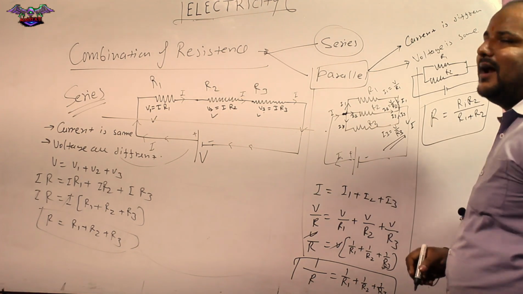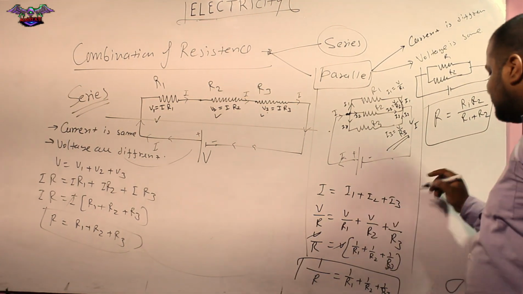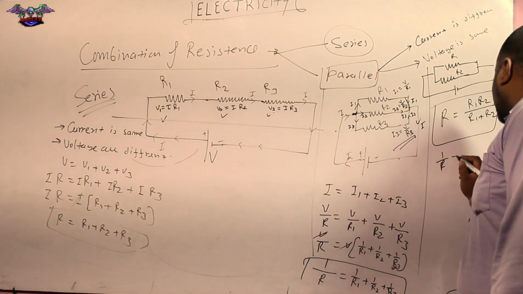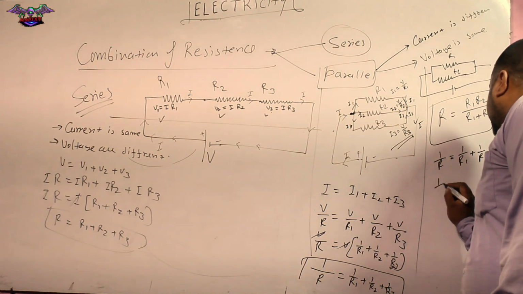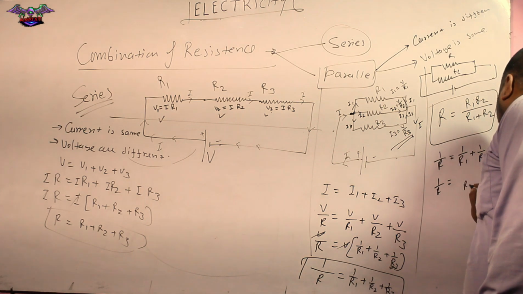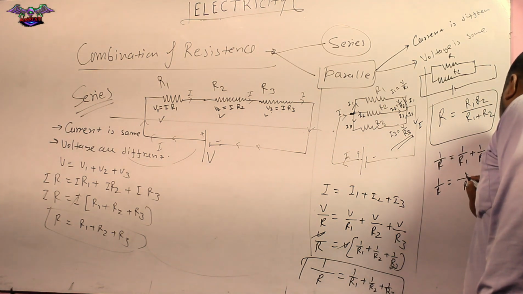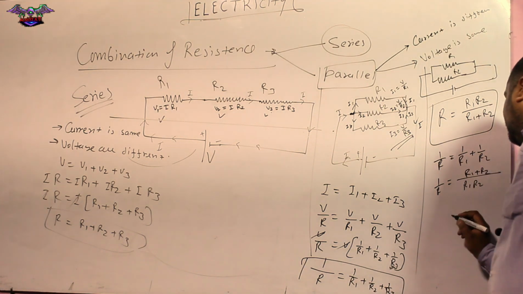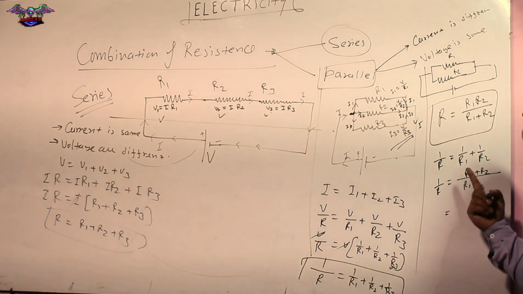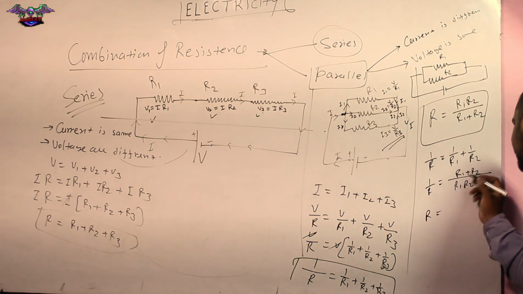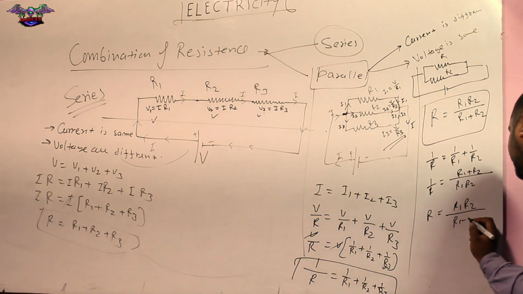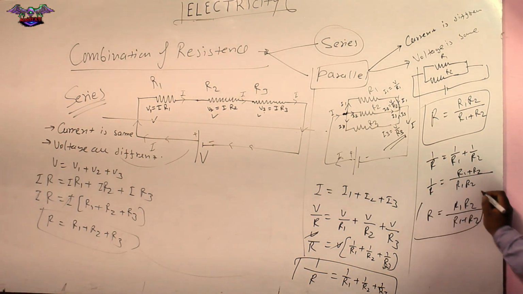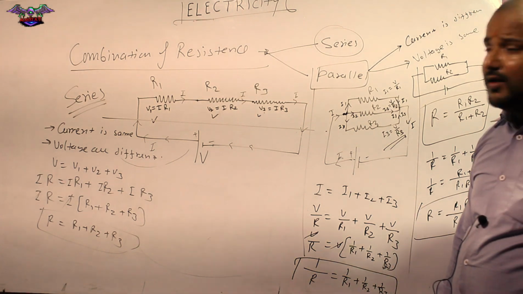You can use this formula directly. For example, 1 upon R equal to what? 1 upon R1 plus 1 upon R2. Take the LCM, R1 R2, so it will be R1 plus R2 upon R1 R2. Then if we invert this, R equal to R1 R2 upon R1 plus R2. So you can use this directly.